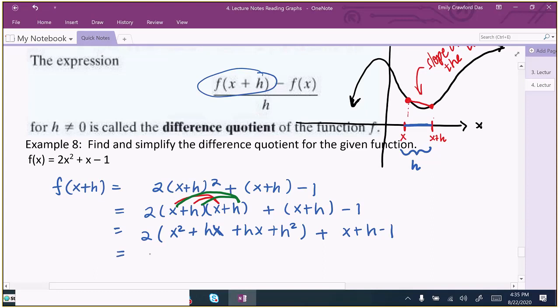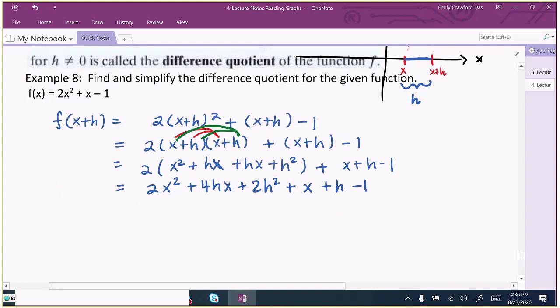So this ends up being 2x squared. Now, hx plus hx is already 2hx. Then I'm multiplying it by 2, so that's 4hx plus 2h squared plus x plus h minus 1. So this is f of x plus h.